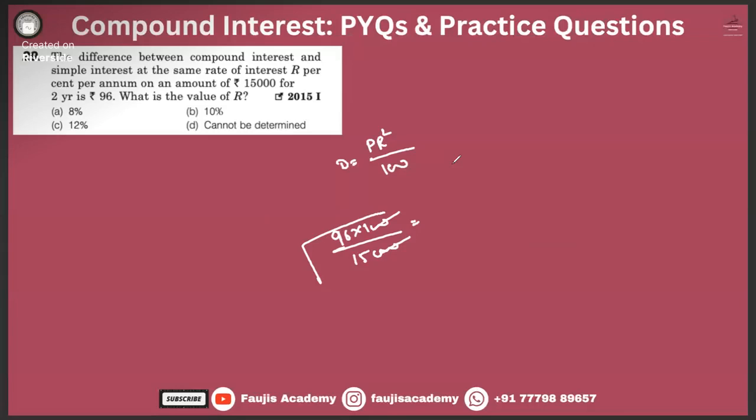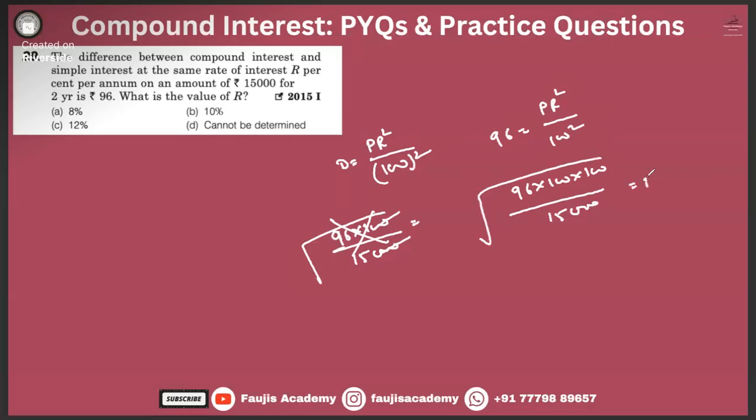So this was your question number 29. Okay, the formula was P R square divided by 100 square. So D is 96, P R square divided by 100 square, which gives 96 into 100 divided by P, which is your 15,000, root under, which will give you your R. This goes, this goes.